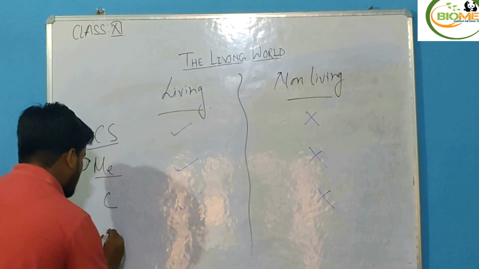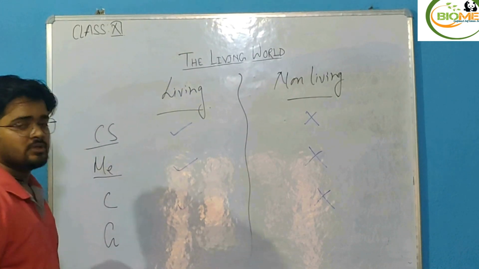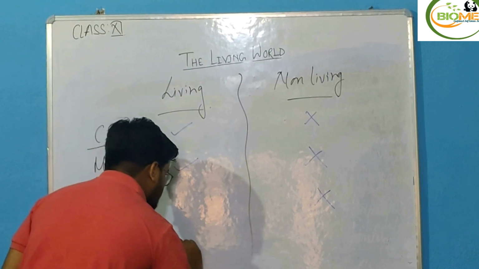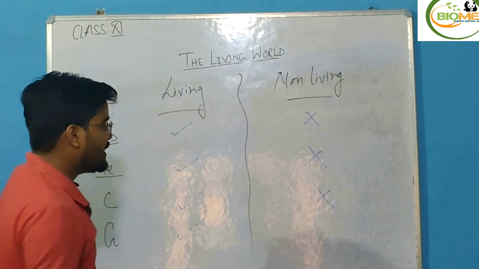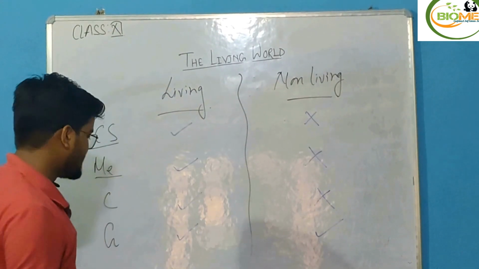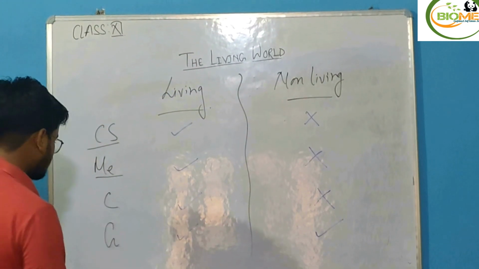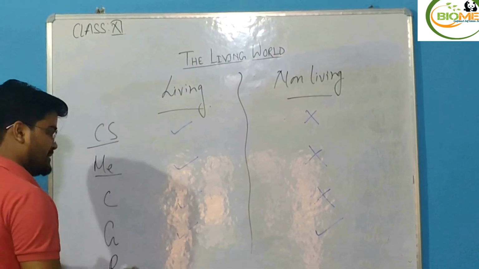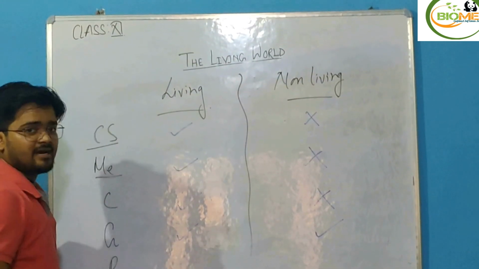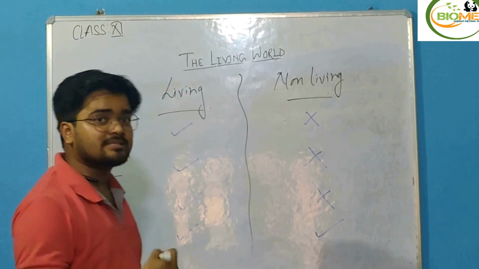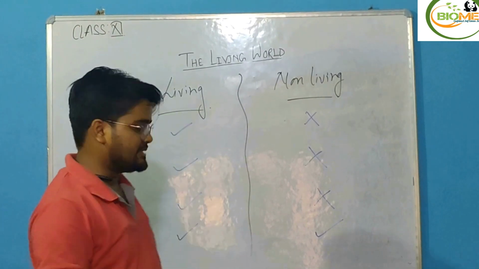Next is growth, which we already discussed. Living organisms can grow, and non-living organisms can also grow. Last is reproduction. We already discussed that a few living beings are sterile, but even though they are sterile, they are living organisms.